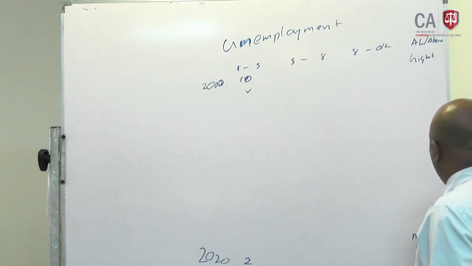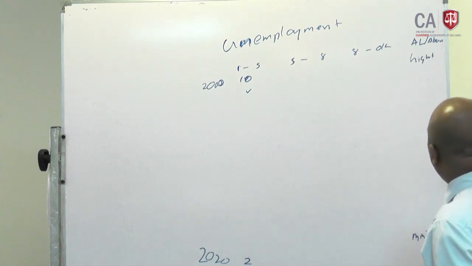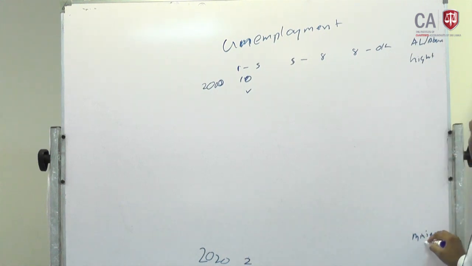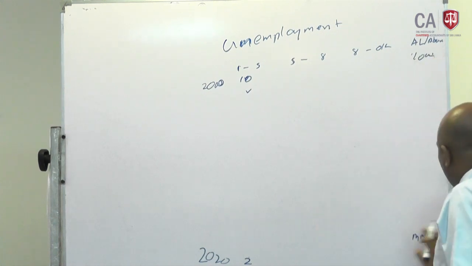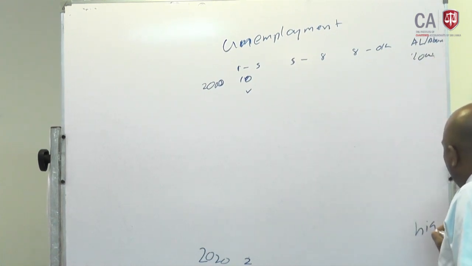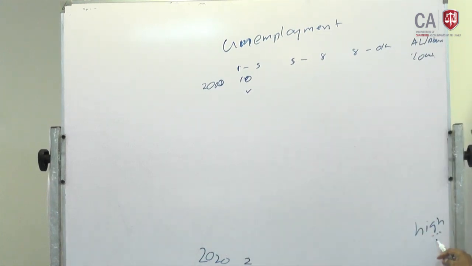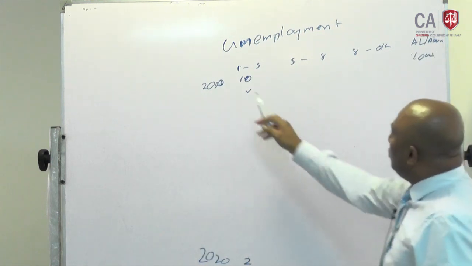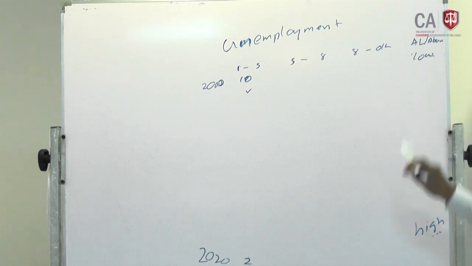Sorry, here it should be low, here high, because in 2020 there can be more people who have done A level and above, but in 2000 there can be very minimum people.